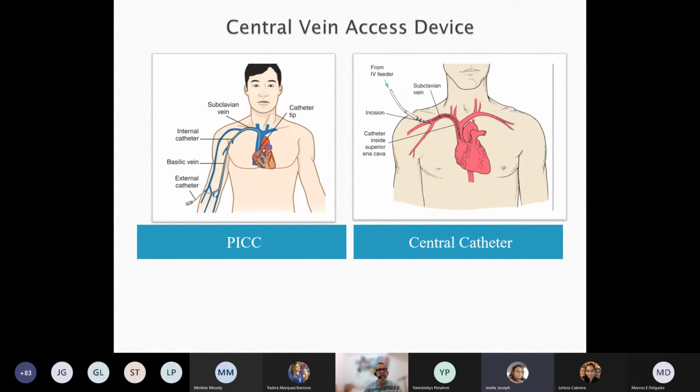That's why it produces the generalized sepsis. So definitively the catheters that have the highest risk of infections are the central catheters because the tip of the catheter practically is in the heart.